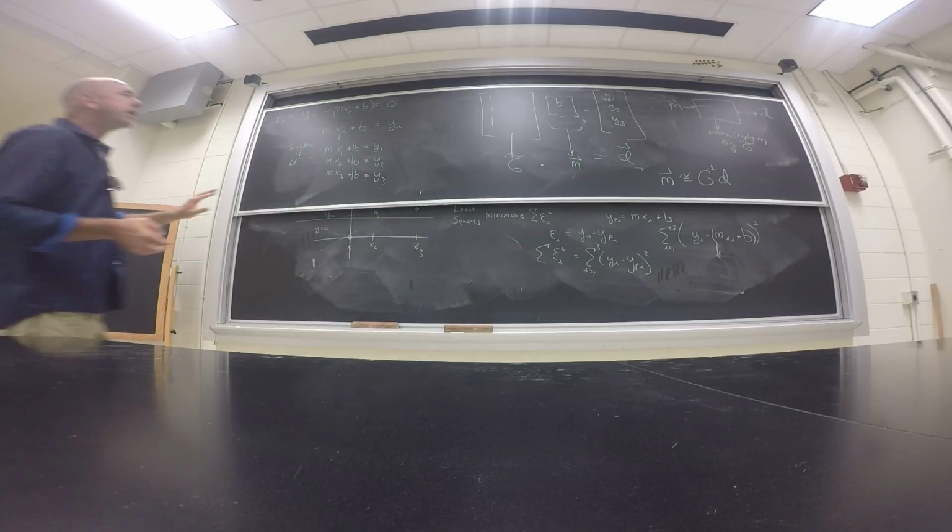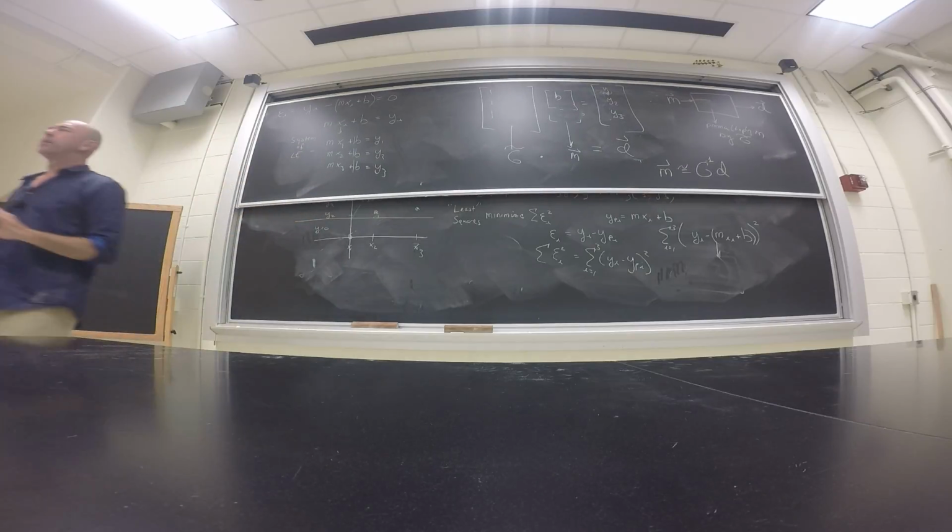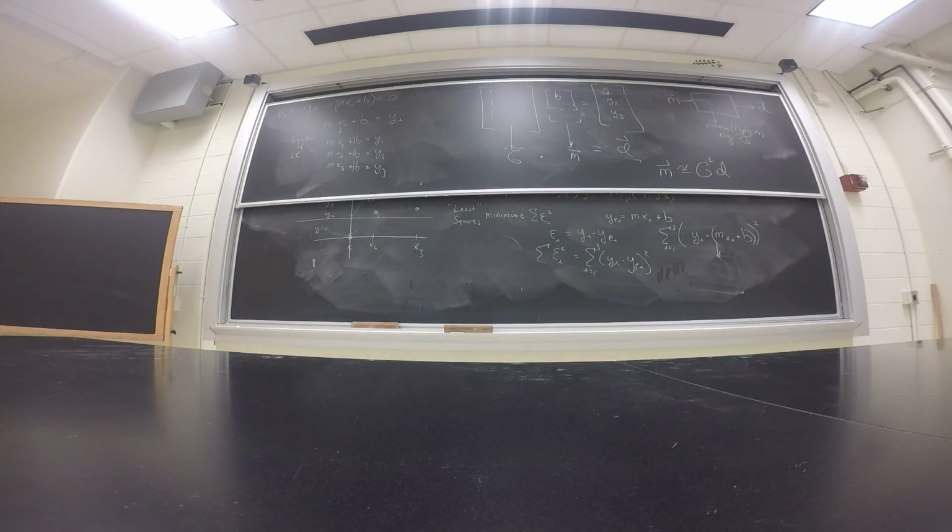Okay, so that's really what I wanted to talk about in terms of formulating problems as matrix problems. I'll do one more example, and also how model and data are related. A really simple example of regression. Okay?